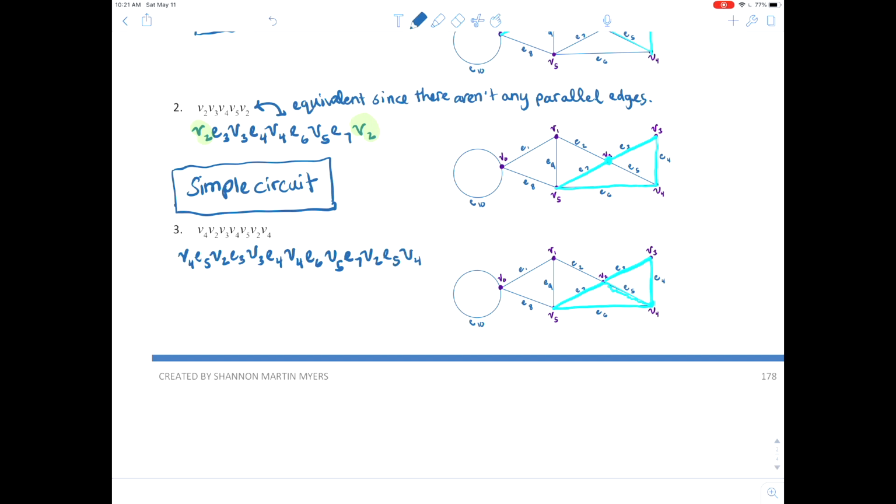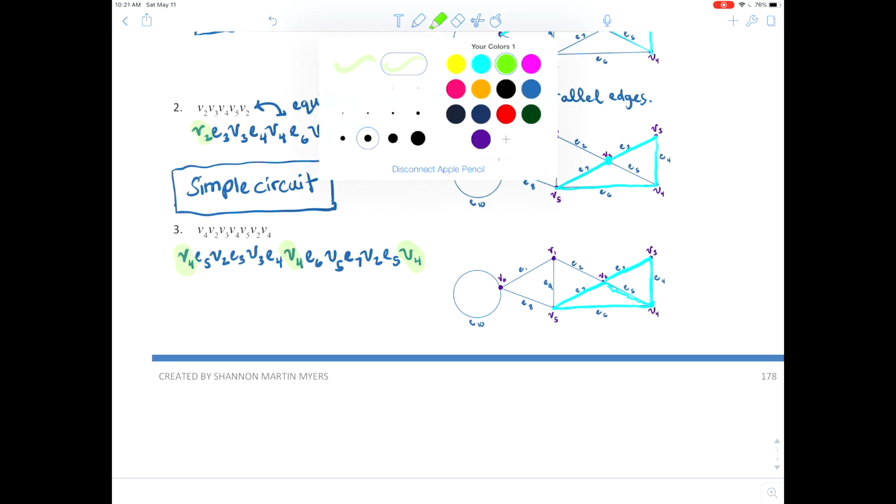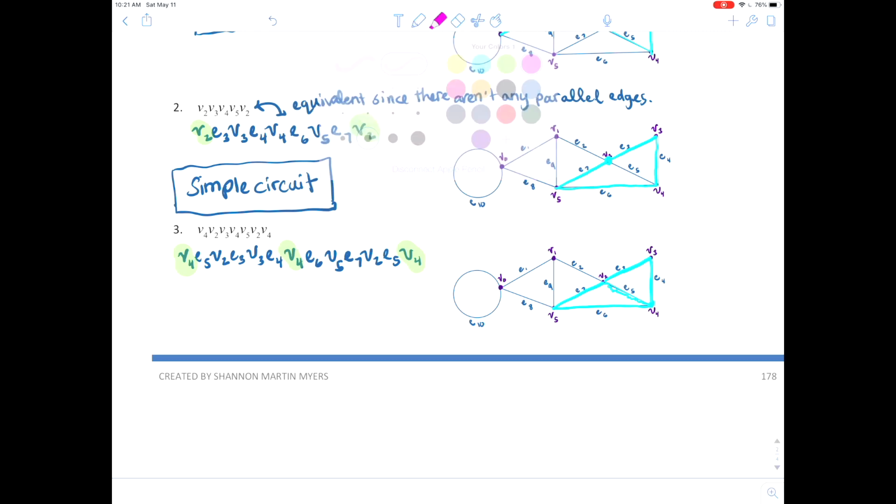So this is something that has repeated, well, not repeated circuits. It starts and ends at V4, right? But V4 is also in the middle, so it can't be a simple circuit. And then we've also got repeated edges. Which one was it that repeated? Edge 5, right?